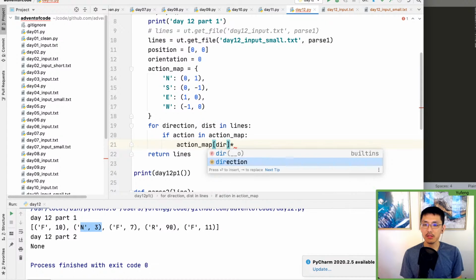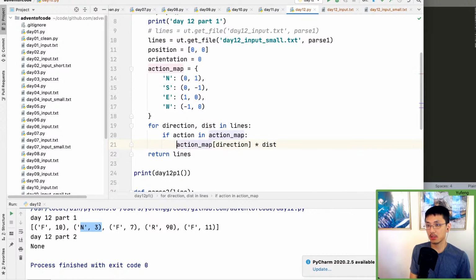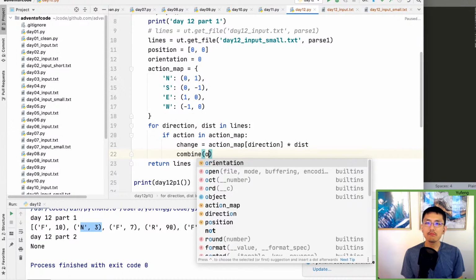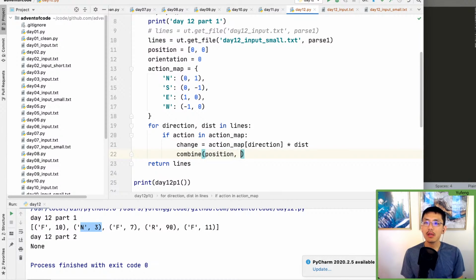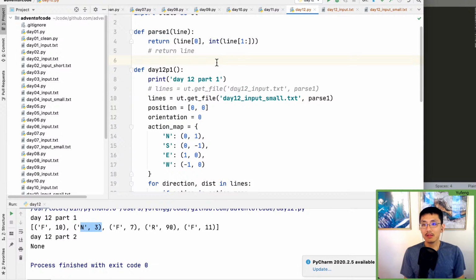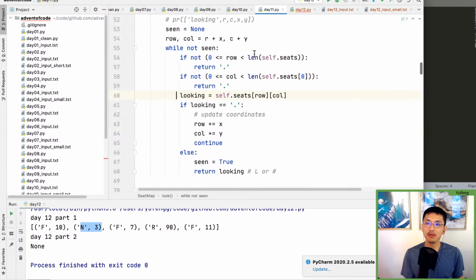So direction times distance, that's the change. And I want to element-wise add, I'll just say combine position and change. I know you can add it element-wise, I just can't remember how to do it, and someday I'll look it up. That's what I'll say for now. Combine A, B, we did this yesterday, let me just grab it.